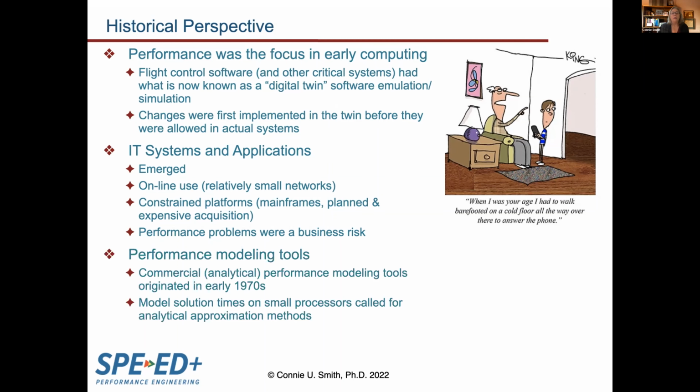And the performance modeling tools, by and large, originated in the 1970s. And because the systems that these performance models were running on were fairly slow, the analytical approximation methods turned out to be quite important at that day and time.